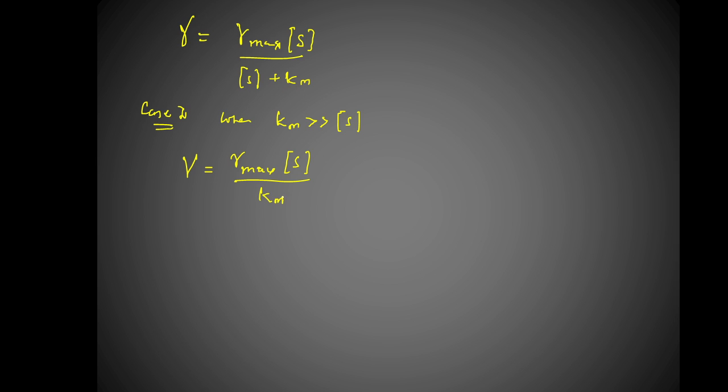Therefore we'll write Km. Now see, this is when substrate concentration is very low. So I'll write here, this means that when we have low concentration of substrate, very low. So what does this mean?